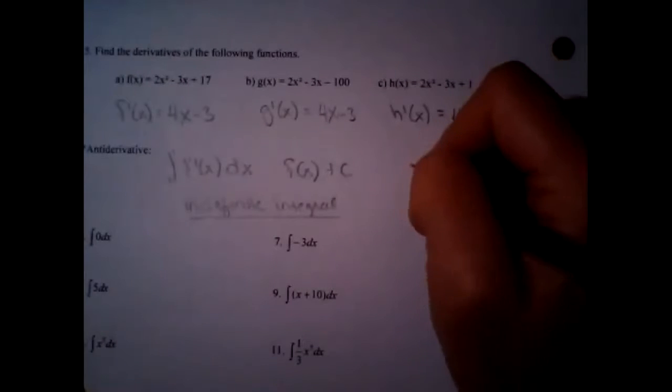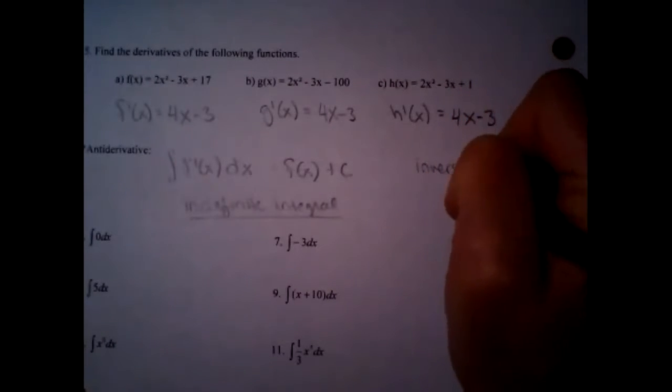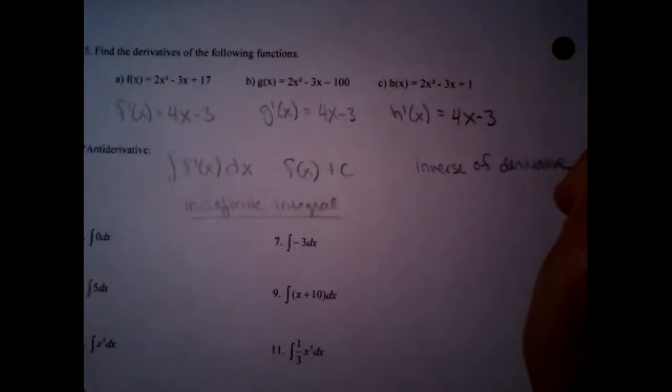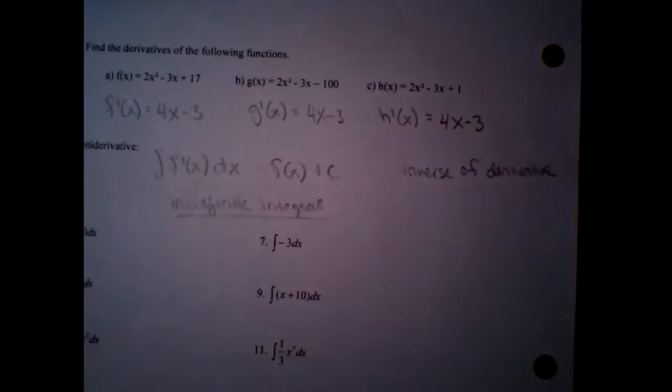Right, so an antiderivative is the inverse of a derivative. And so what that means is you're doing everything backwards. So when we think about the power rule, what you do with the power rule is you multiply the power down and then you subtract 1 from the exponent. So we're going to do that in reverse.